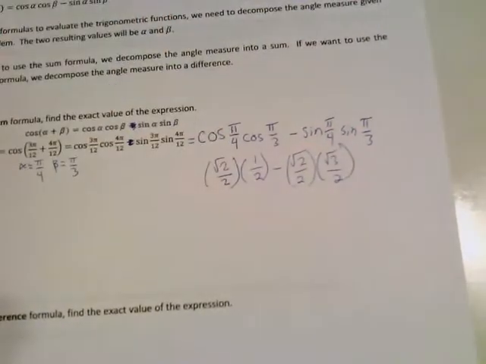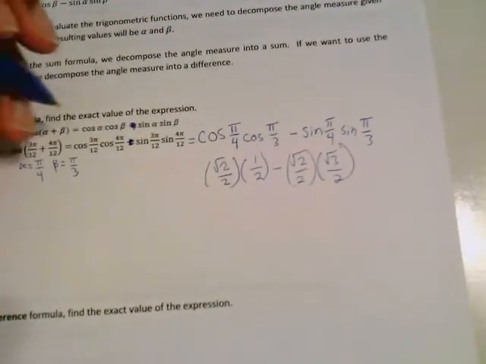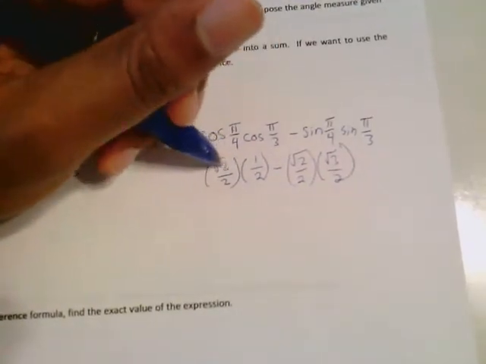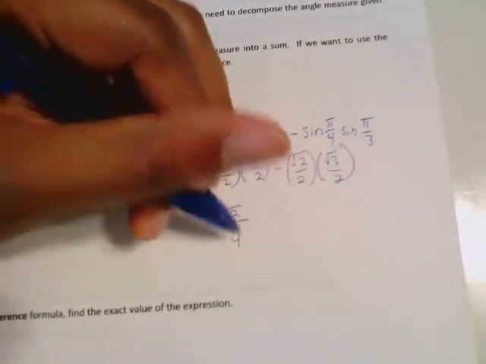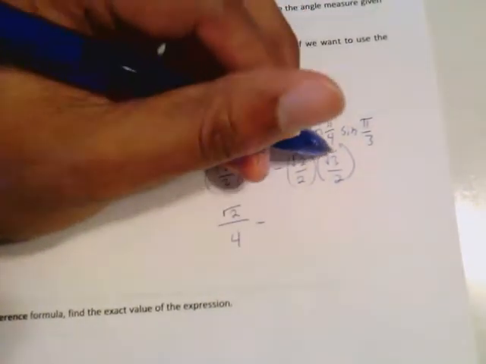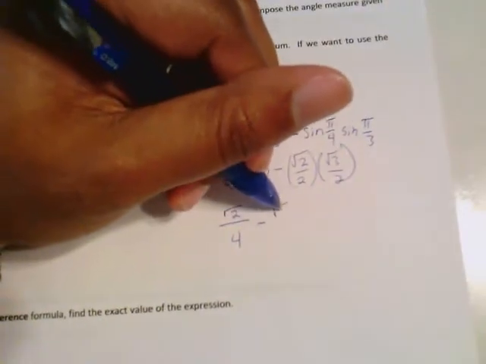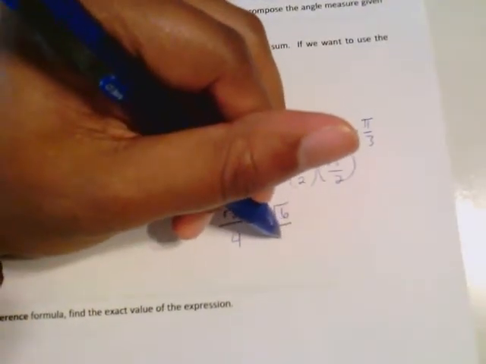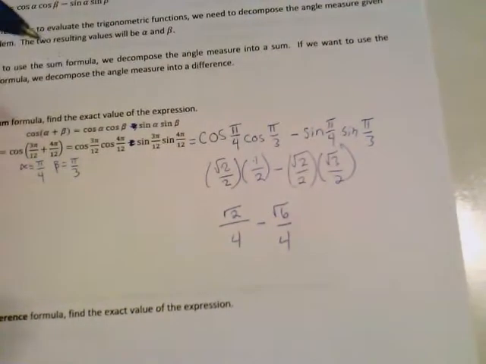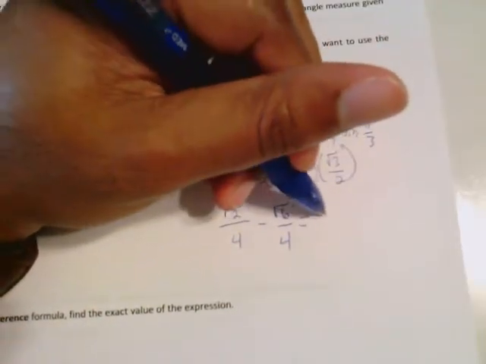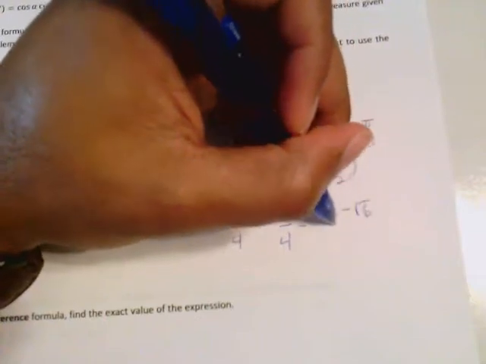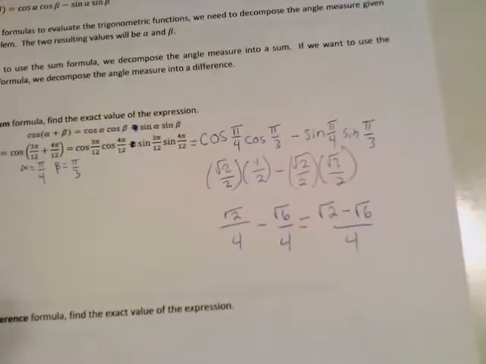And then we simplify and we combine if we can. So this will be square root of 2 times 1, which is square root of 2, over 2 times 2, which is 4, minus square root of 2 times the square root of 3, which is the square root of 6, over 4. And now we can combine our numerators since the denominators are the same. So this equals the square root of 2 minus the square root of 6 all over 4.